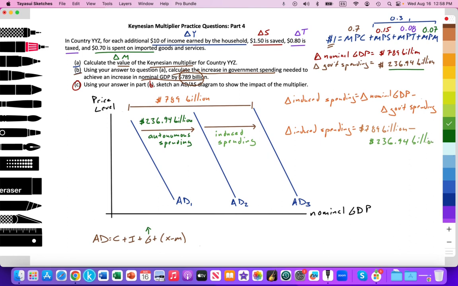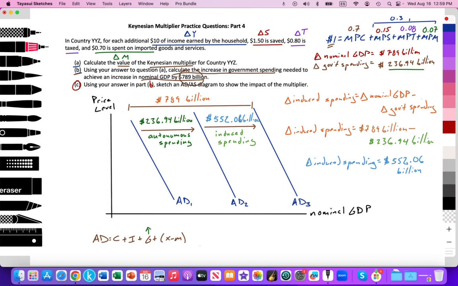So the induced spending after we subtract that is equal to 552.06 billion. And that is the value of the induced spending. So I'm going to add that here, 552.06 billion. Okay, and there we have it.